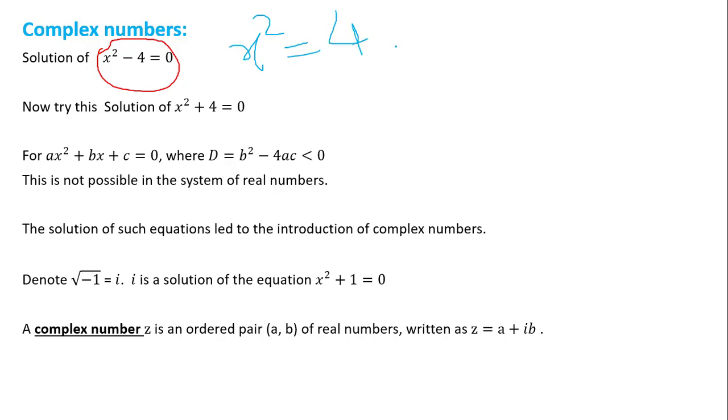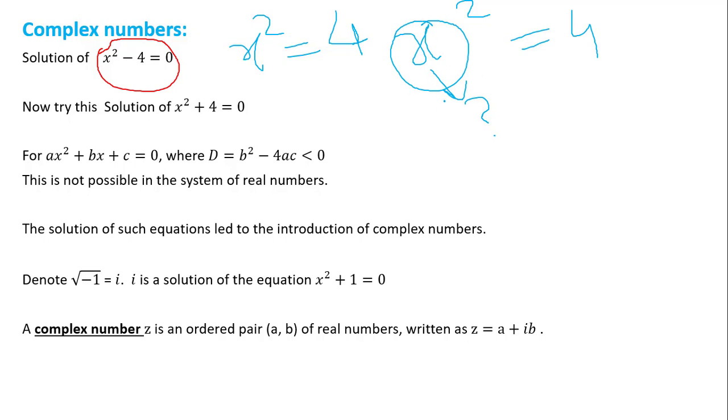What I'm doing here, we are looking for such x after squaring which I will get 4. So I need the value of this x. I am searching for this x.